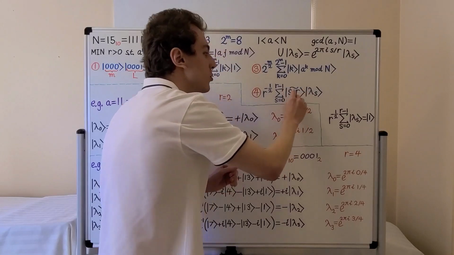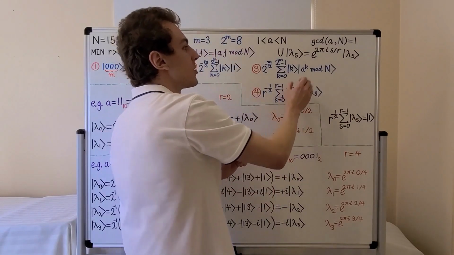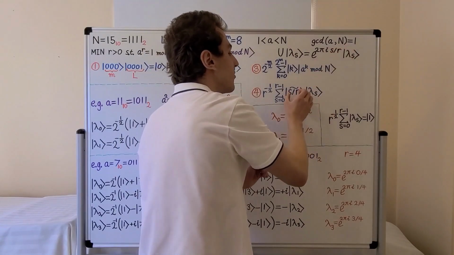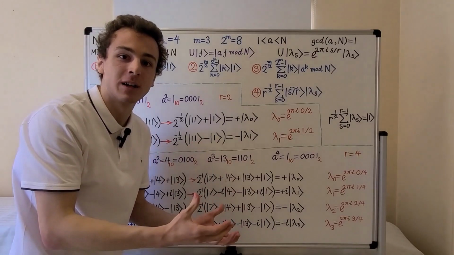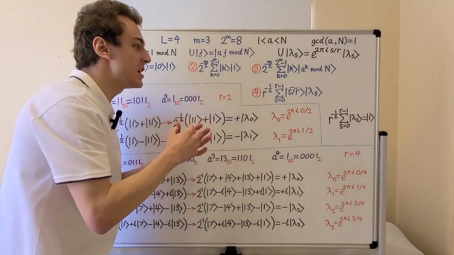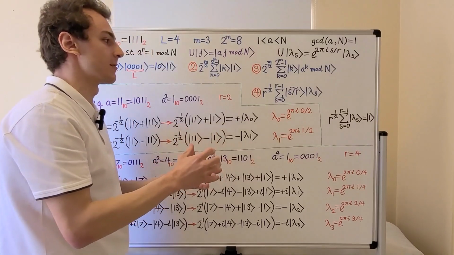These, in general, are approximate values for s on r, and s on r can be treated as a phase. So this is actually a phase estimation procedure, adapted to the problem of order finding.